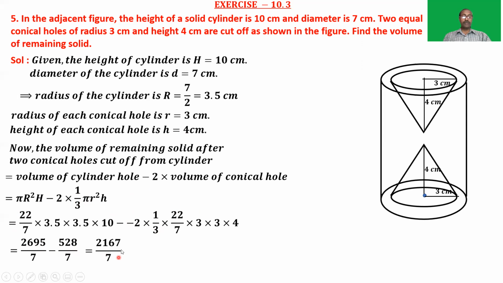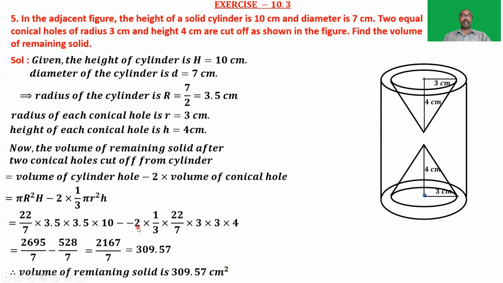So the result is 2167 by 7, which is equal to 309.57 approximately. So the volume of remaining solid after cutting off two conical holes in the cylinder is 309.57 centimeter cube, not centimeter square, it is a centimeter cube.